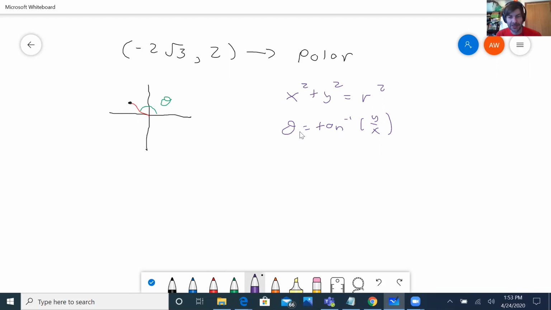We have to be careful because if I did the inverse tangent, remember, that's only going to give us this side of the circle. My theta is specifically defined between pi over 2 and -pi over 2. So it's not going to give us this one.